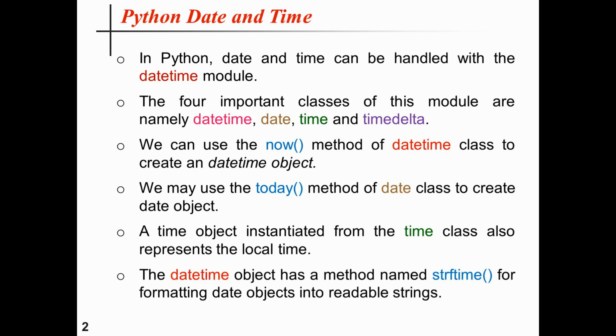Now let's move to the coding demonstration part, which will be done by using the Spyder IDE, one of the most popular IDEs for Python programming, where I'll be demonstrating the different important classes of the datetime module. At the same time, I will also show you the difference between the fourth class, the timedelta object.